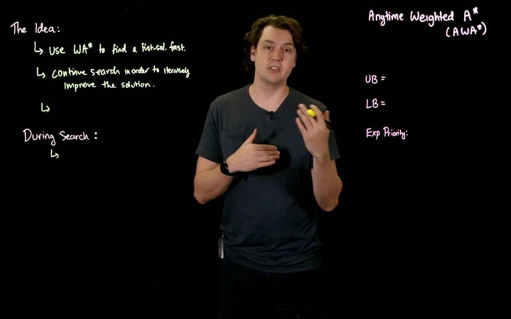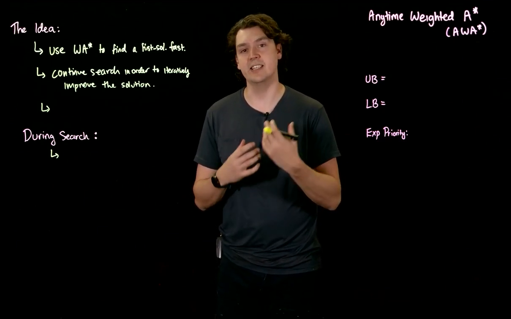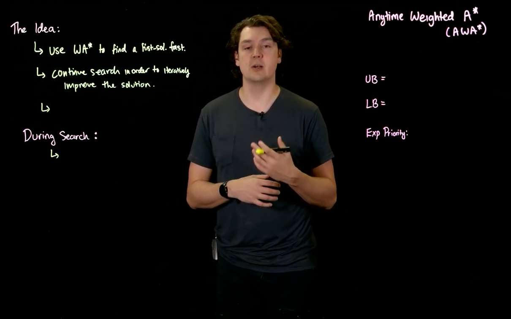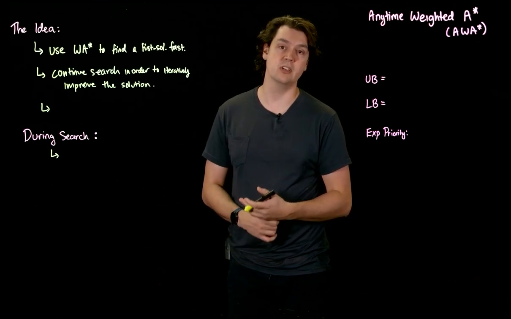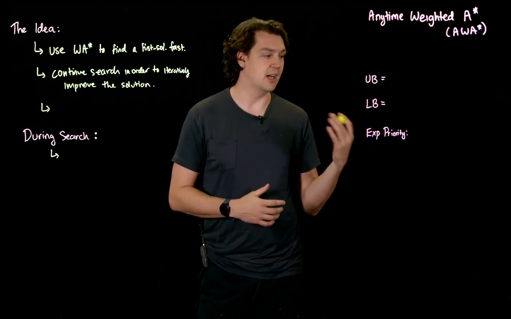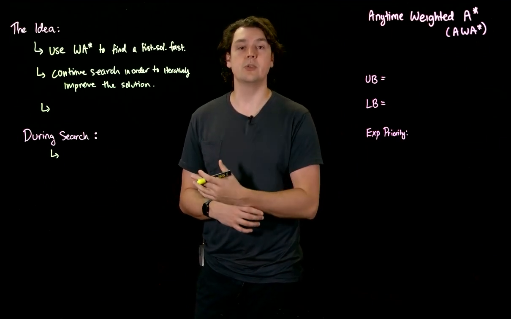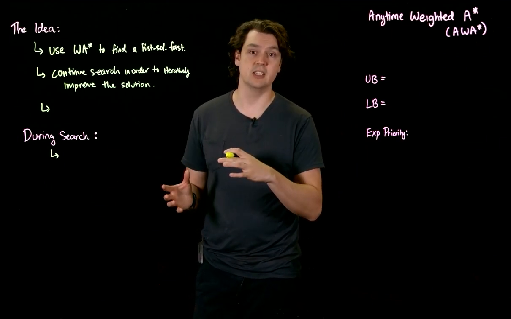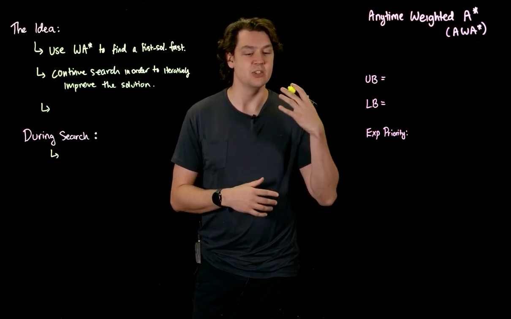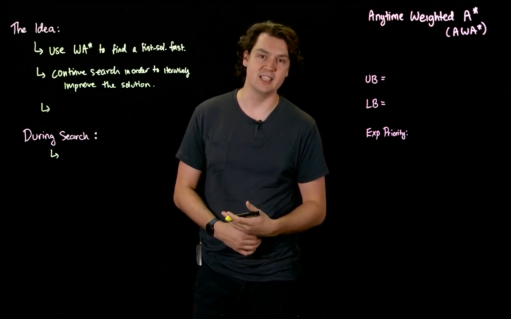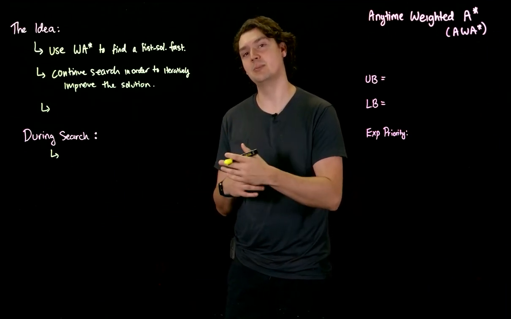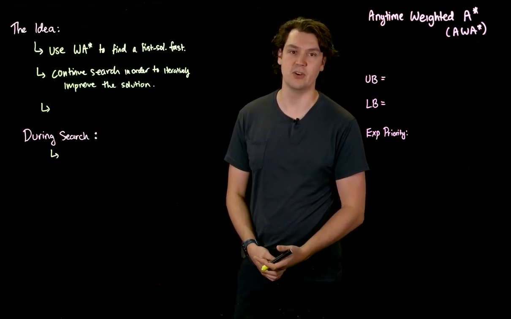Given enough time, Anytime Weighted A-star is guaranteed to tell you, hey, I have now proven that this is the best solution it can possibly be. Let's write that down here, but as a little spoiler ahead of time, in order to prove that, we're actually going to have to, in Anytime Weighted A-star, exhaust the entire open list, right? So we can only prove optimality when there is nothing else that can possibly improve the solution further.